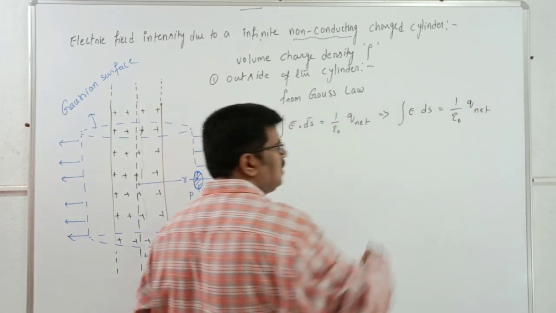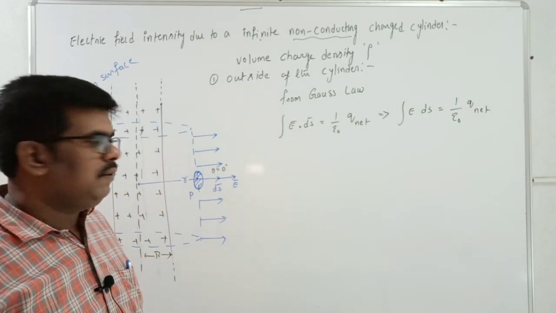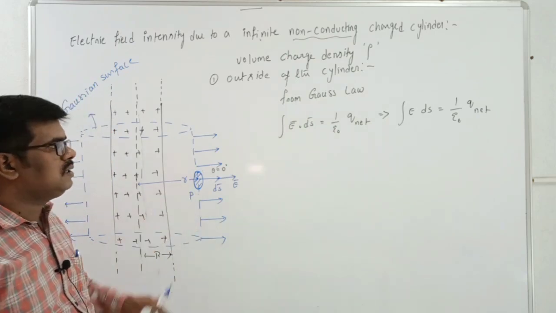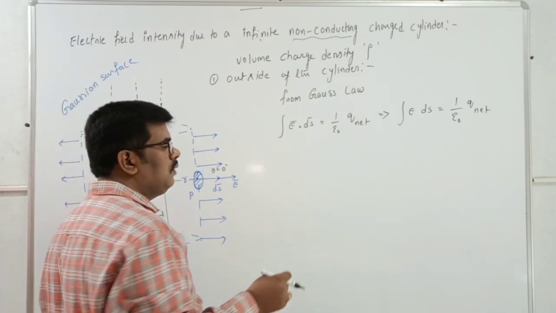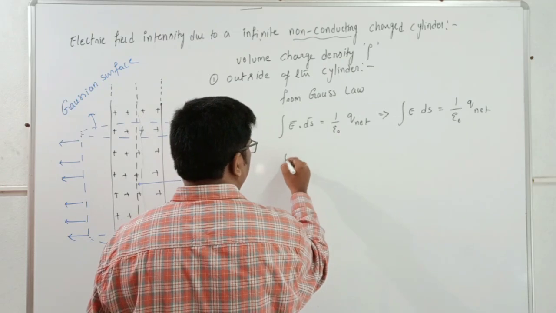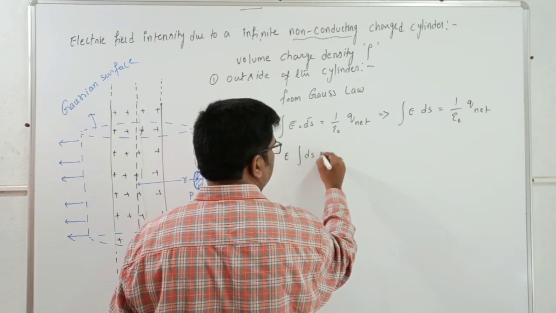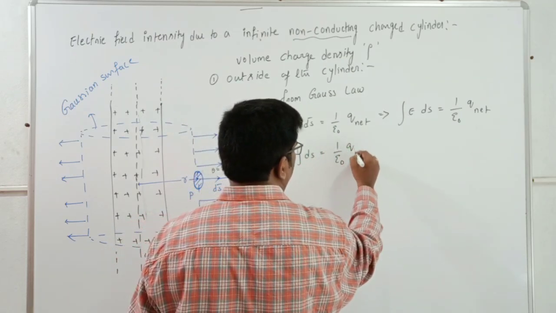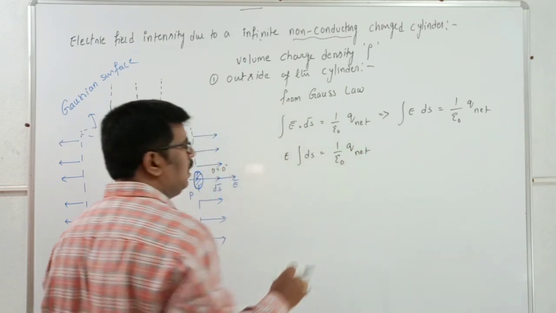E is constant here, because everywhere the electric field intensity remains the same at the same distance, so E can be taken outside. We write E integral dS equals 1 by epsilon naught times q net.